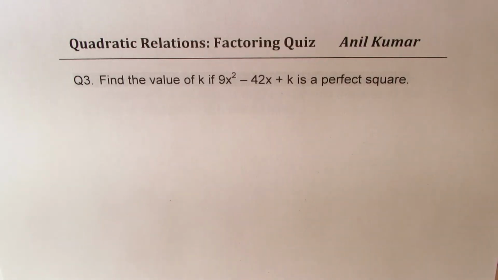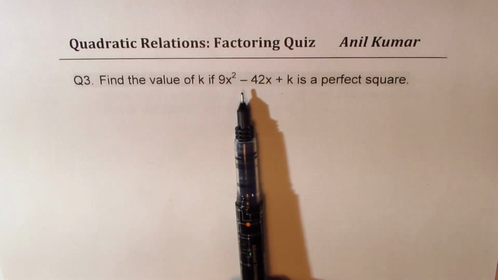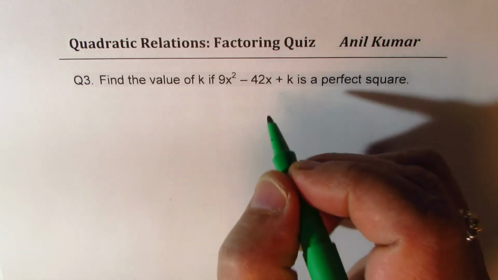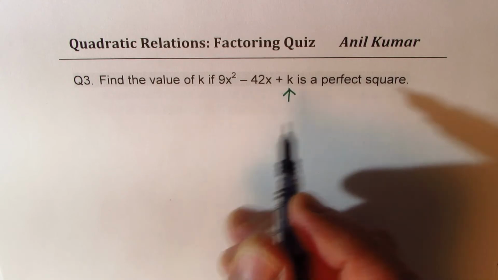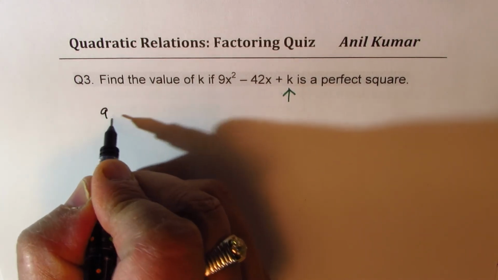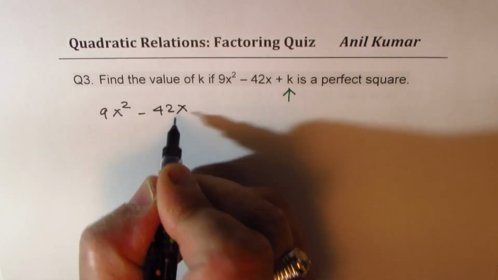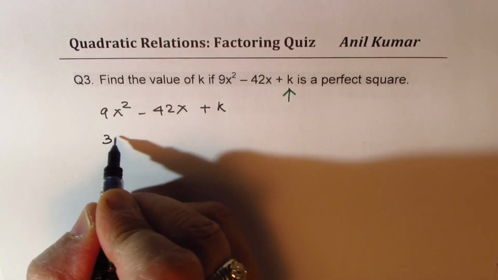In question number 3, we need to find the value of k if 9x squared minus 12x plus k is a perfect square. This time we have removed k from the center term and put it as a constant. So let's rewrite this. We're given the expression 9x squared minus 42x plus k. Now 9 is 3 squared, right?